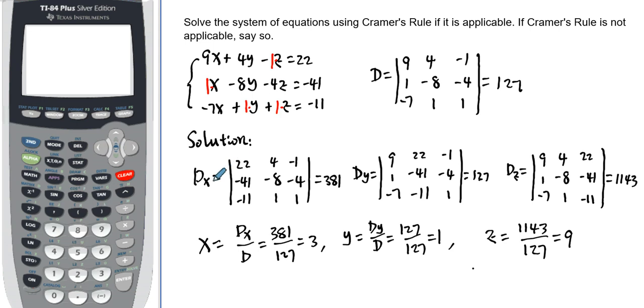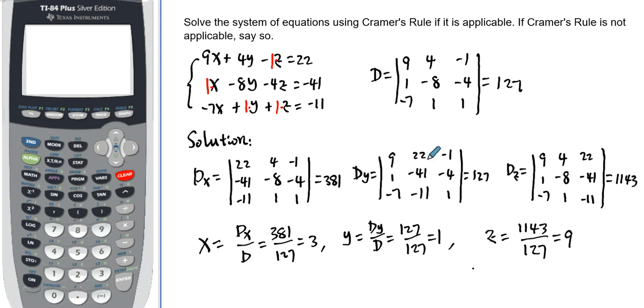Another determinant we want to calculate is to replace the first column, 9, 1, negative 7, with the constant column, 22, negative 41, negative 11. The other two columns we keep the same. For y, we replace the second column with the constant 22, negative 41, and negative 11, leaving column 1 and column 3 alone.